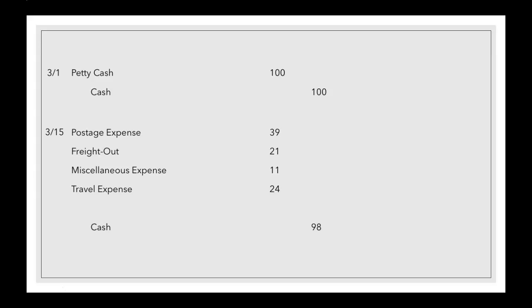Now, if you add up your debits and your credits here, you'll notice that they don't equal. Ideally, they would. Ideally, the receipts that we found in our petty cash fund would equal the amount that our cash decreased by. Sometimes that's not how it works. So when they don't equal, we have this account called cash over and short.